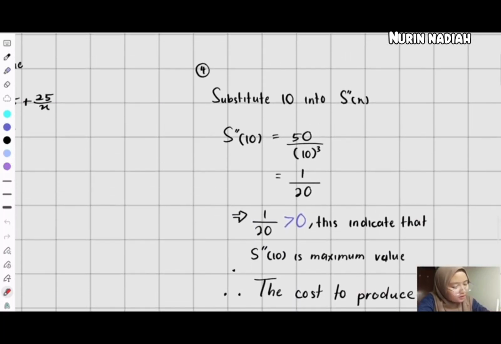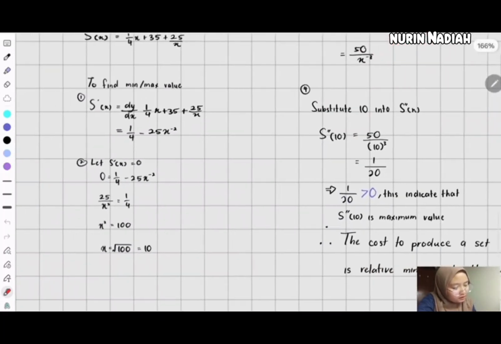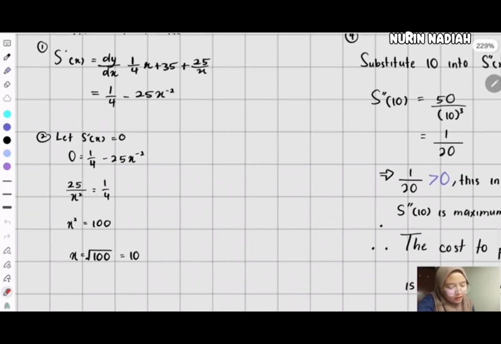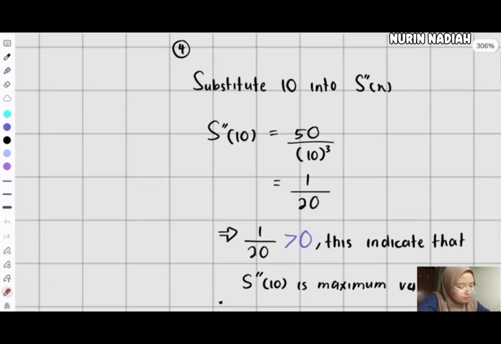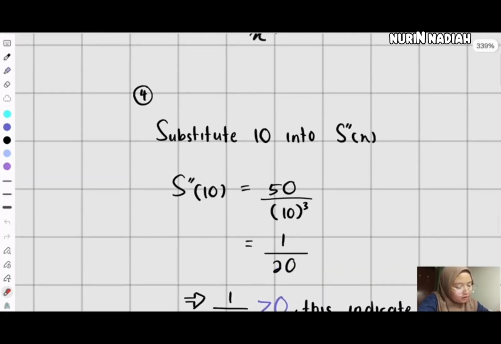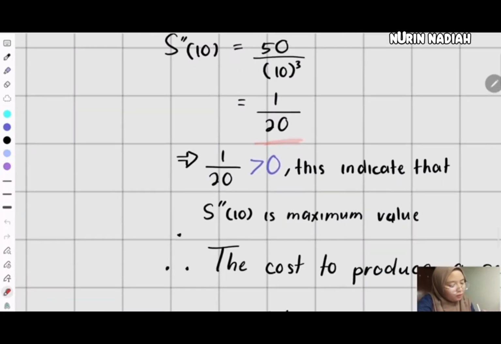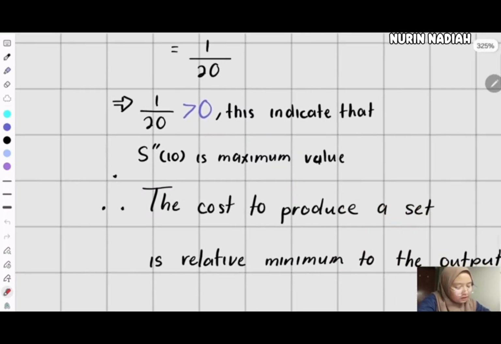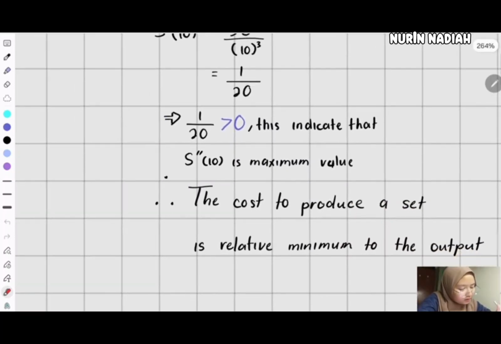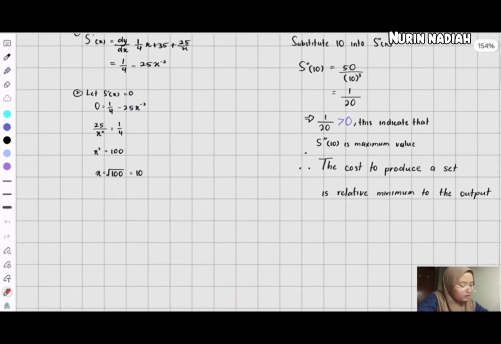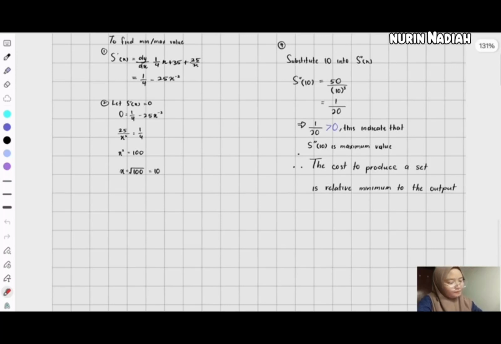And then we will substitute 10, which is the value of x that we get when we set the first derivative equal to 0, into the second derivative. So we will get 1 over 20, which is more than 0. So this indicates that at x = 10 the second derivative test shows a minimum value. So the cost to produce a set is the relative minimum at the output.